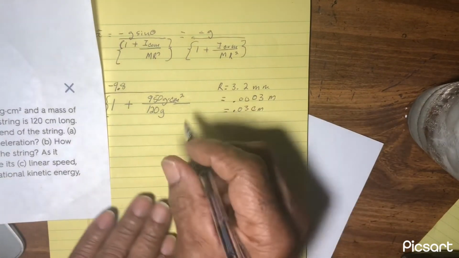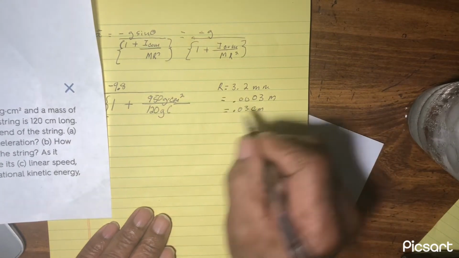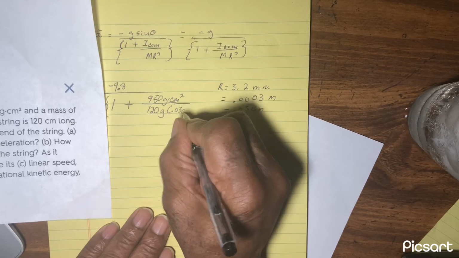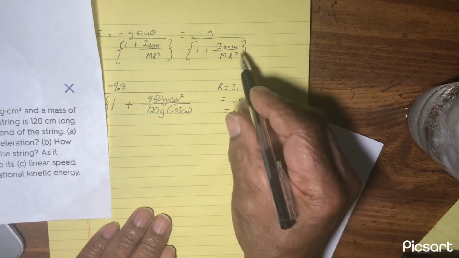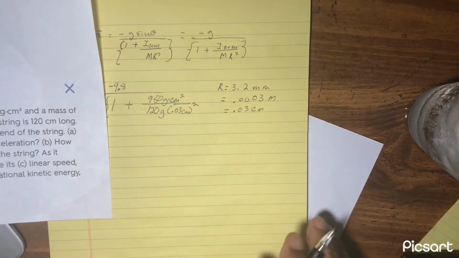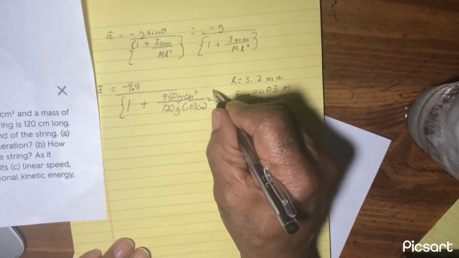We want to keep it in centimeters, so we have 0.32 centimeters, and that R is squared.